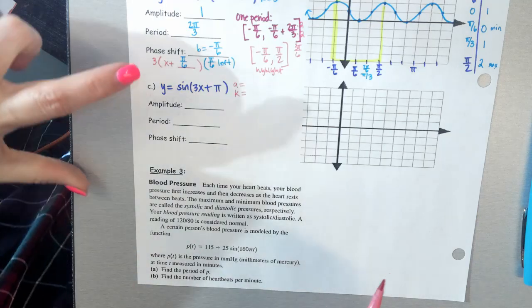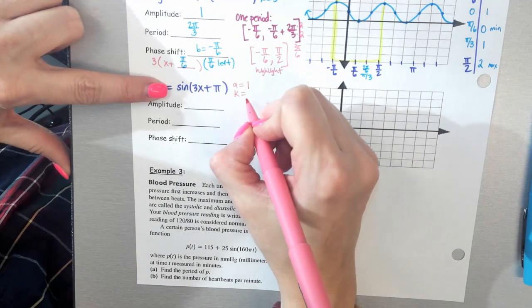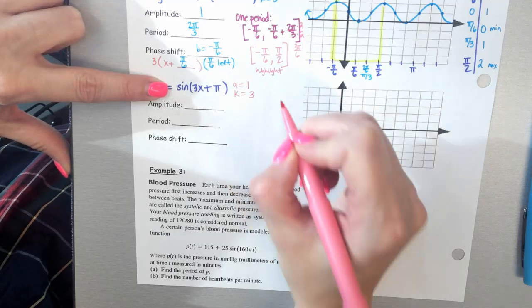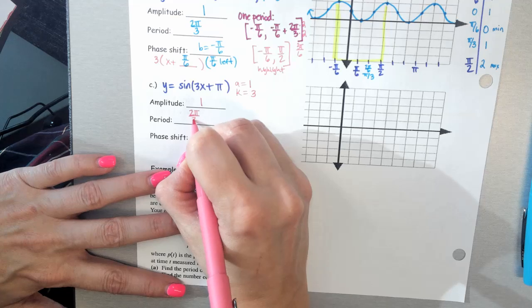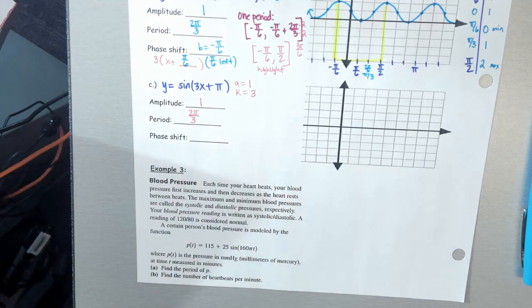Okay, so your amplitude is always multiplied in front, so this is 1, your k value is 3. So your amplitude is 1, your period is 2 pi over 3, just like last time.